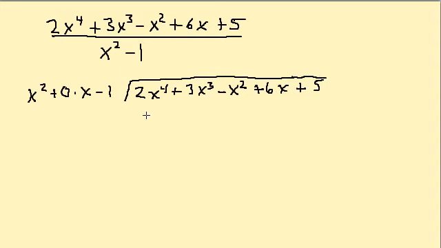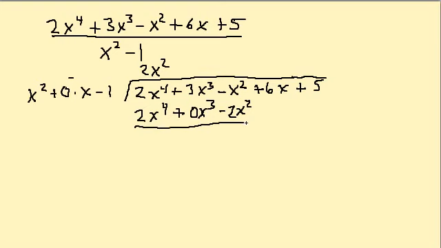So now I do the same thing. What do I need to multiply to x squared to get 2x to the fourth? Well, that's 2x squared. So now I multiply 2x squared times x squared plus 0x minus 1. So I have 2x squared times x squared is 2x to the fourth. 2x squared times 0x is 0x cubed. And then 2x squared times minus 1 is minus 2x squared. And I subtract.